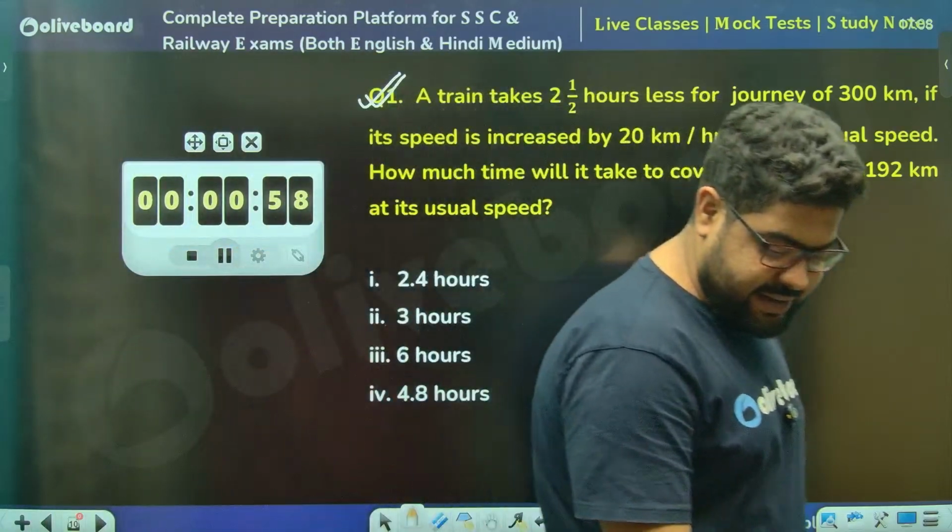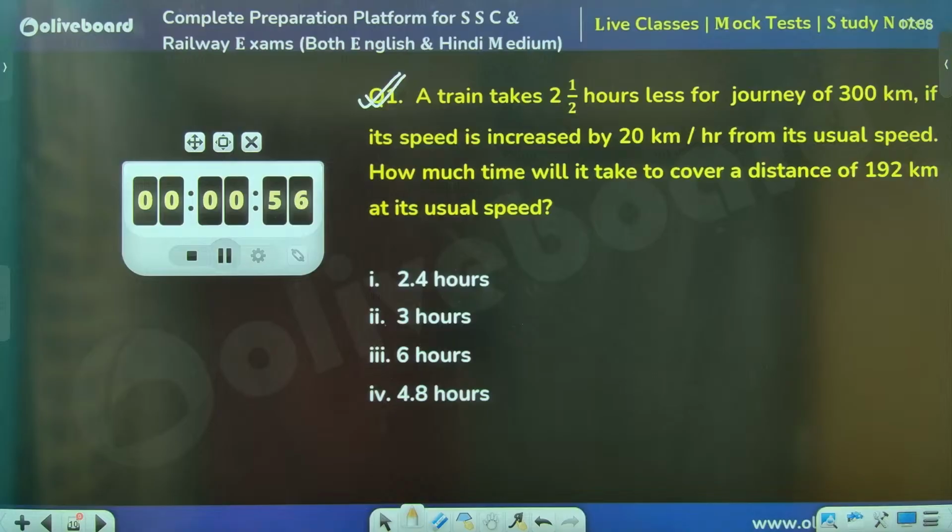Start this very quickly. Need answers for this first question.